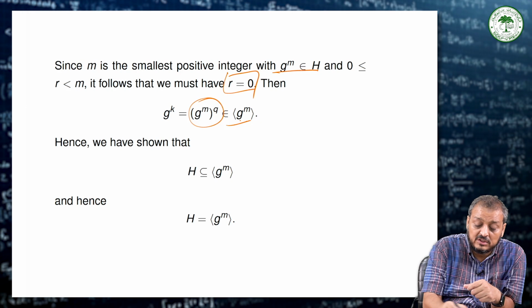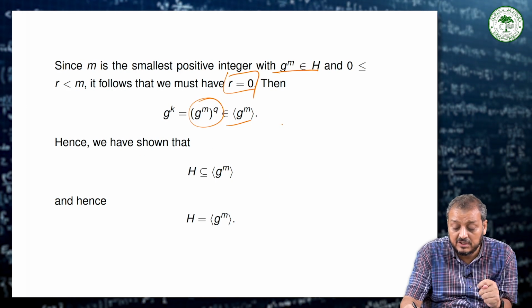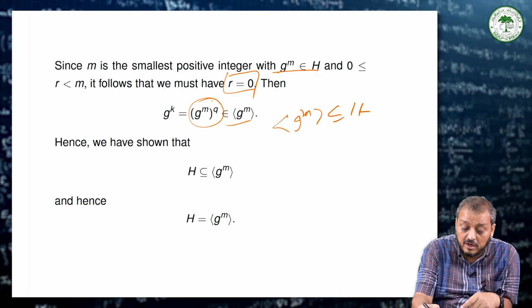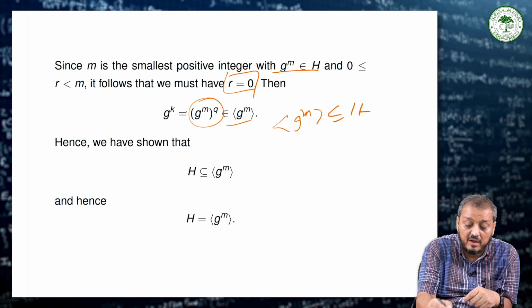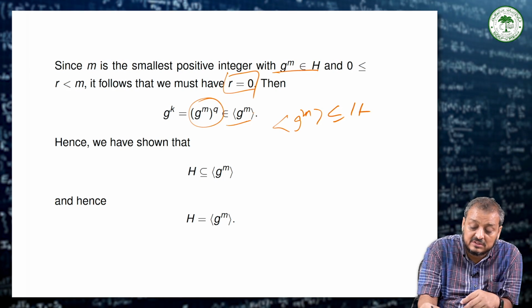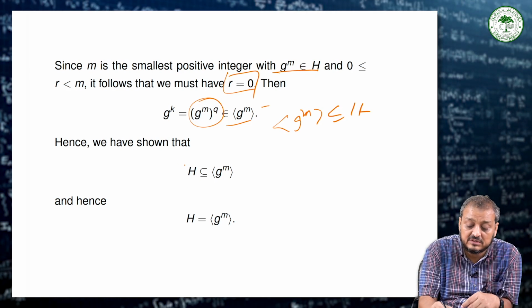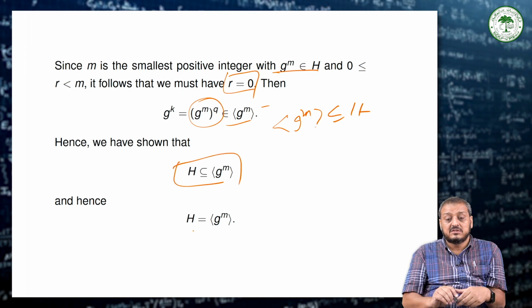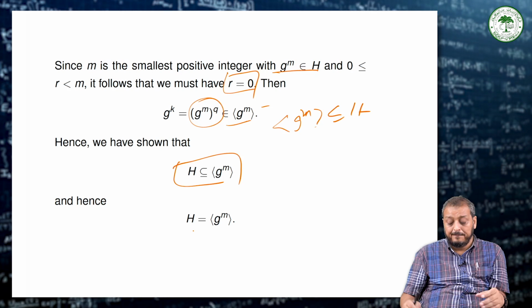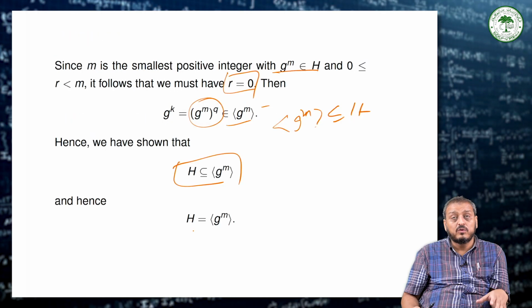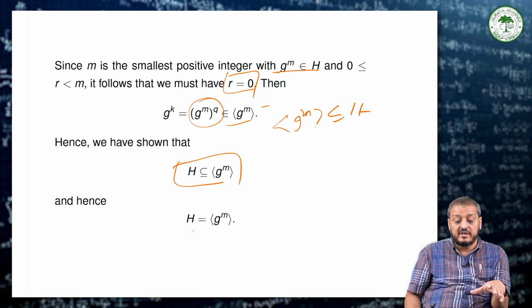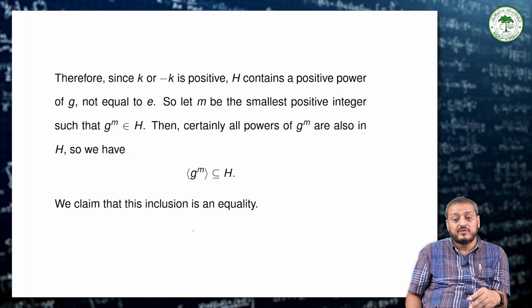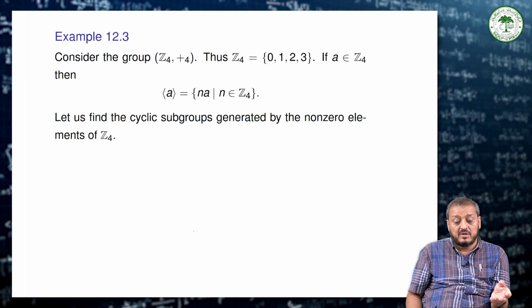So firstly we have shown that g to the power m is contained in H. Now g to the power k is an element of H, and this also belongs to the generated set, so this means H is contained in it. By these two we can say that H is equal to the group generated by g to the power m. So this result holds: every subgroup of a cyclic group is a cyclic group.